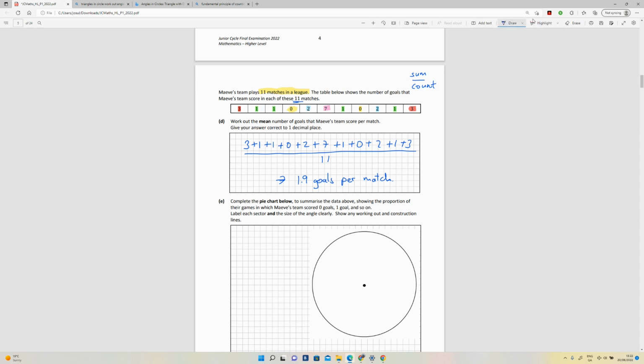Okay, so with that then I can work out that where we had 0 goals, if I write goals here, and frequency, if you like, is 2.